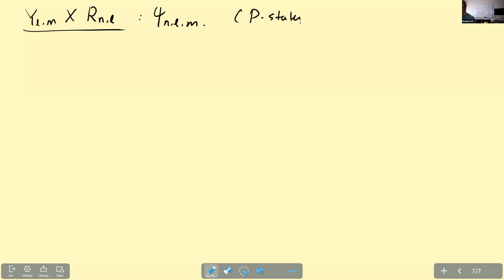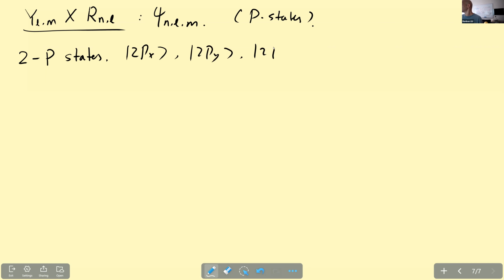How about the radial part? So now this is Ylm times the radial part, right? For now we consider p states, of course. Let's consider the lowest p states, the 2p states. So you have 2px, 2py, 2pz.